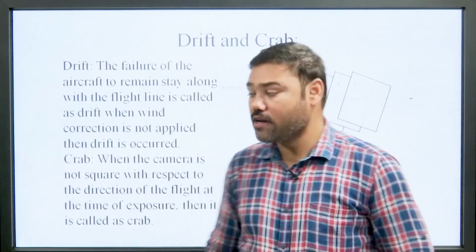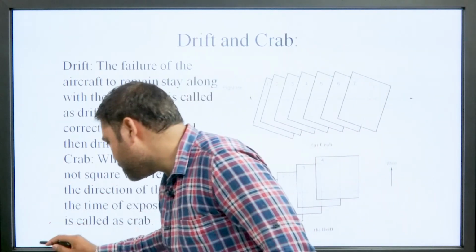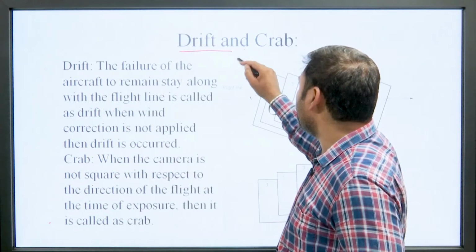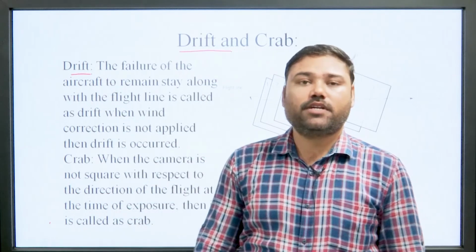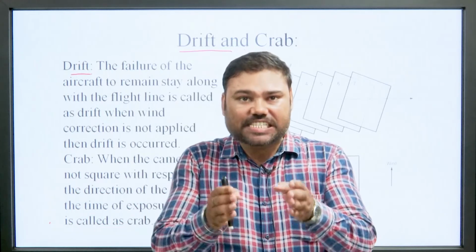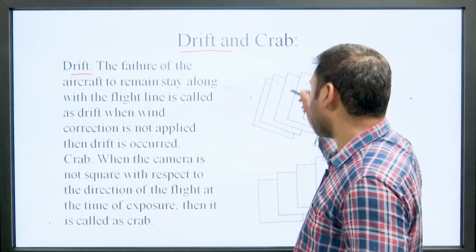There are some other reasons also for which we perform overlapping. The other reasons are drift and crab. What is drift? Drift is basically the failure of an aircraft to stay along the line of flight.